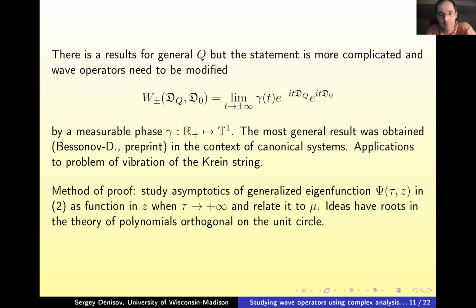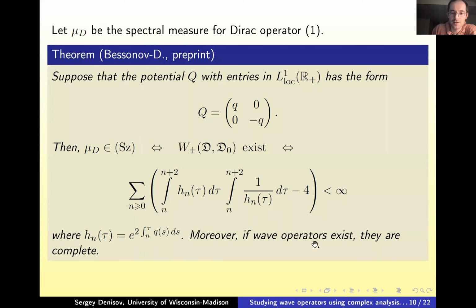So that is not 5 pages as in my first paper. It's much longer because one has to establish the connection to the actual potential, and this condition right here doesn't come for free. So nothing comes for free, but this characterization is completely settled in the context of Dirac operators and actually in the context of canonical systems too.